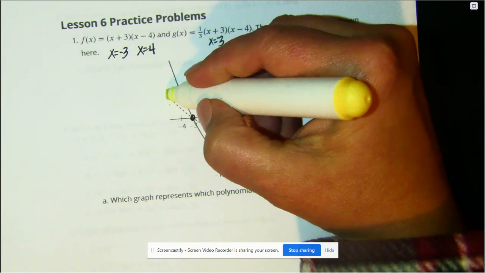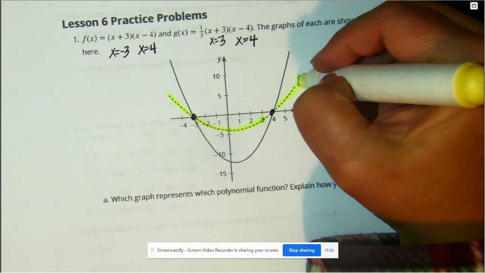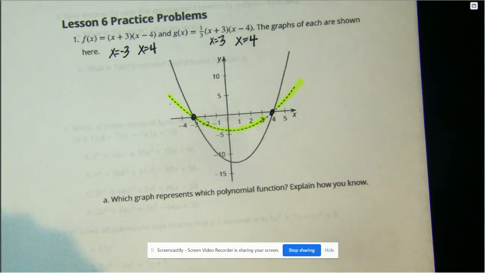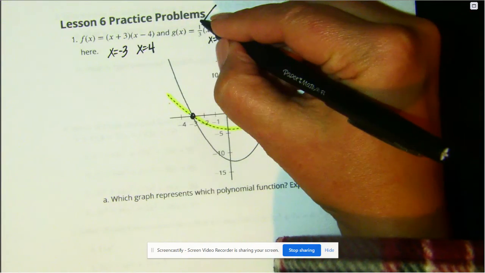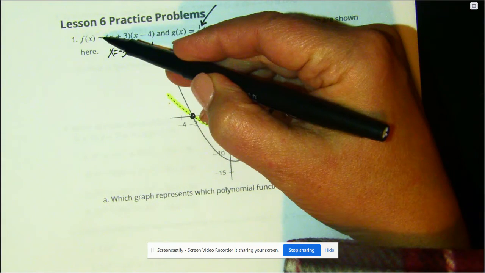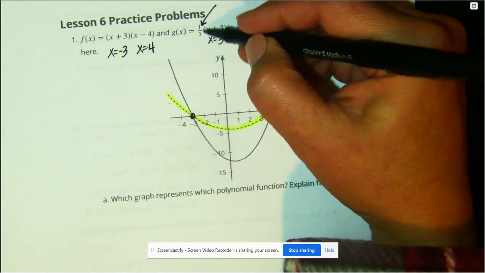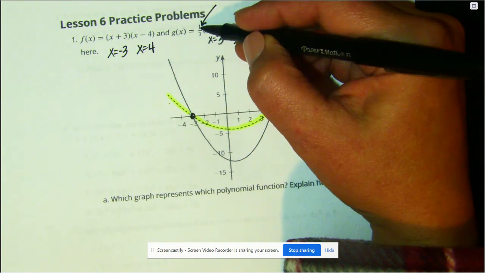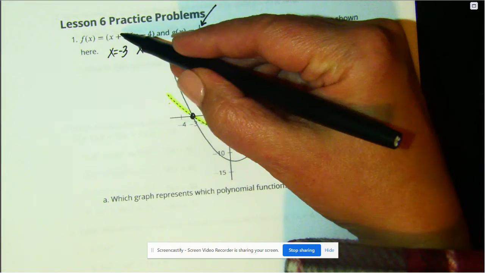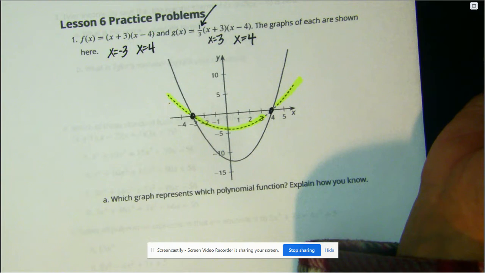But then I'm going to highlight this one right here. See how this one's sort of wider? That's what that guy does to this one. It does not have a factor out front, right? There's no number being multiplied by that. Fractions make the graph wider than a factor of 1 in front.